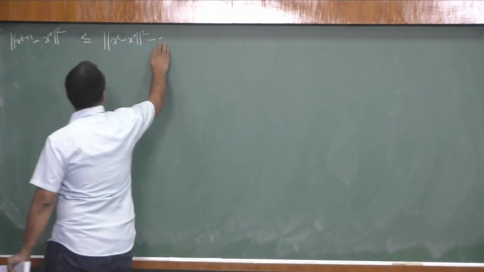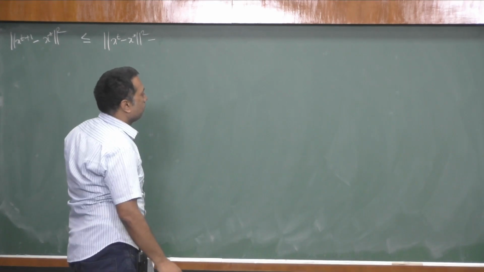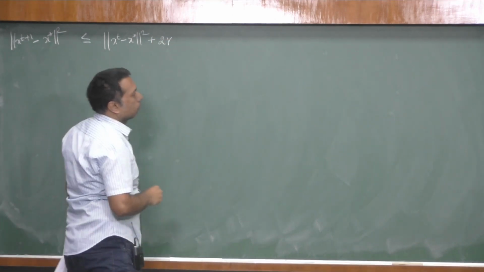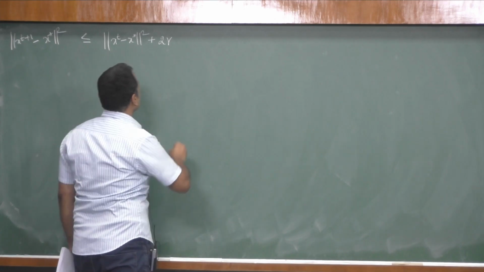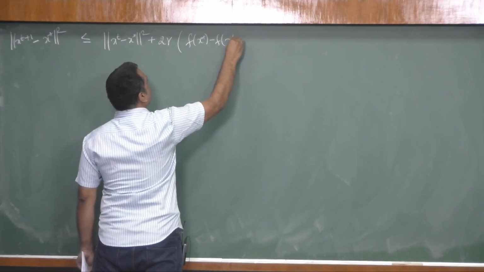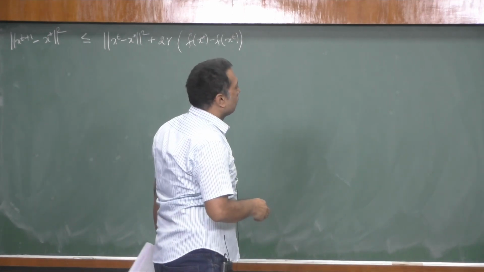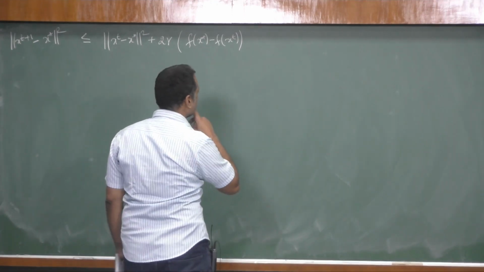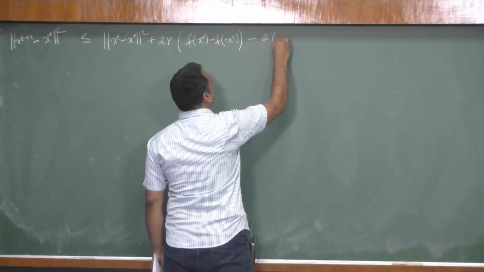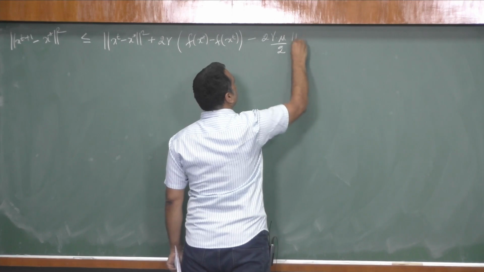Minus is already taken care of, so this will now be plus 2 gamma of f(x star) minus f(xt), and then minus 2 gamma. So the 2 gets cancelled, right. So then minus 2 gamma mu by 2, and then x star minus xt.